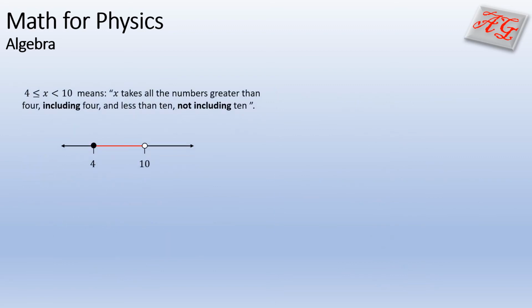X greater than or equal to 4 and less than 10 is represented with a red line that connects the 4 and the 10, with a black dot on the 4 since it is included, and a hollow or white dot over the 10 since it is not included.